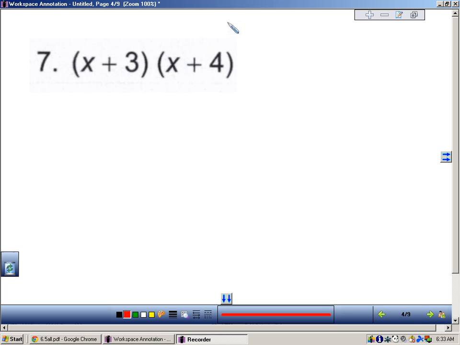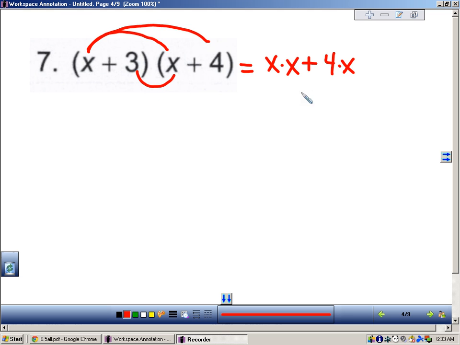First, outer, inner, last, FOIL method, or you could use generic rectangles if you'd like. But for the sake of time, I'm just going to multiply through. I'll take x, multiply it by x. x multiplied by 4x. 3 multiplied by x. And 3 multiplied by 4.